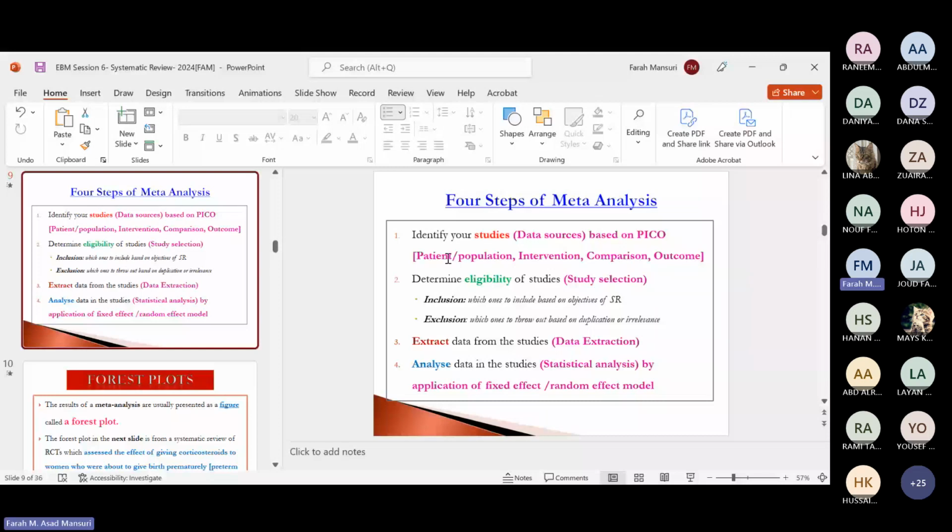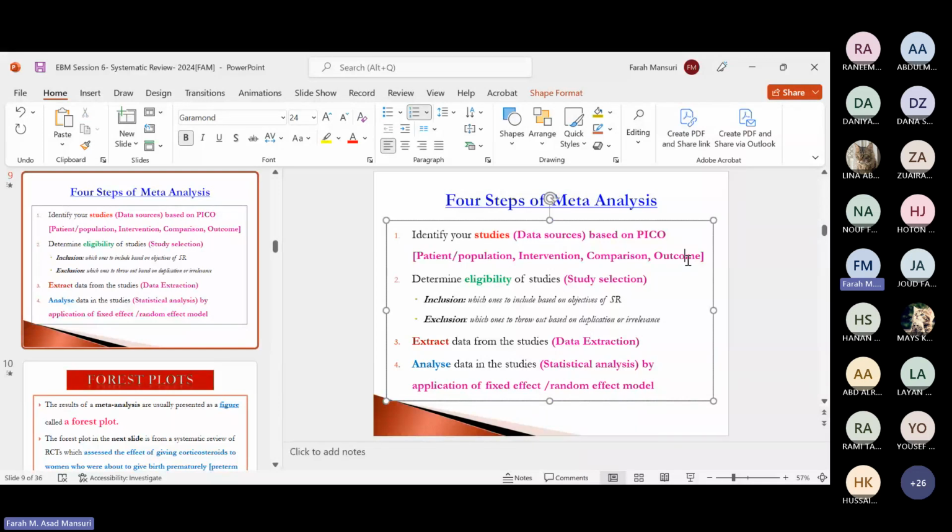The postmenopausal women. What is the intervention? That is hormonal replacement therapy. And what is the comparison in it? That is whether using hormones or not using hormones. And the outcome is the benefit versus harm.